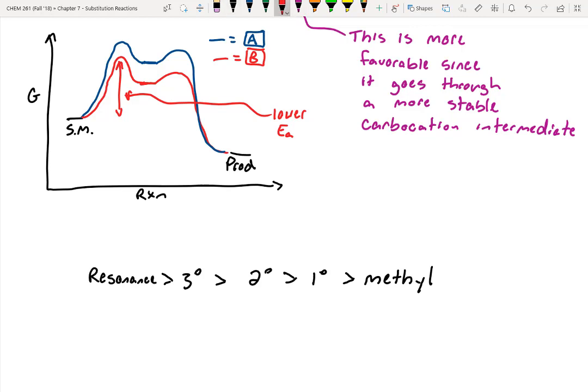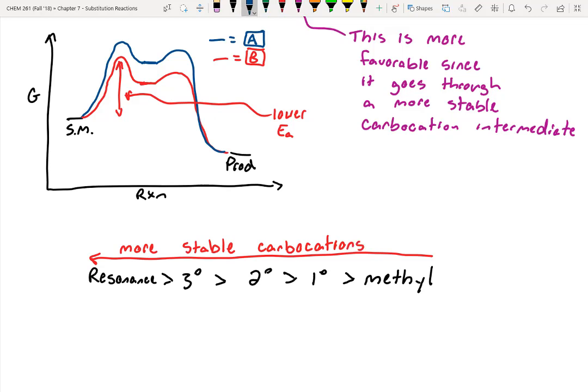And like we said the other day, we could say these are more stable carbocations going to the left.